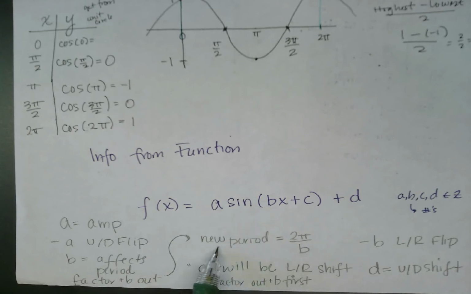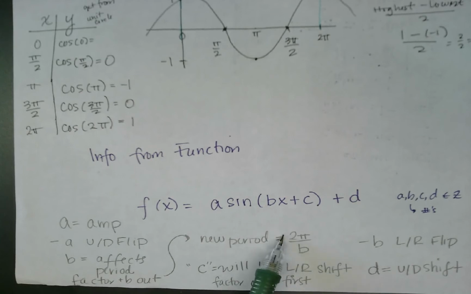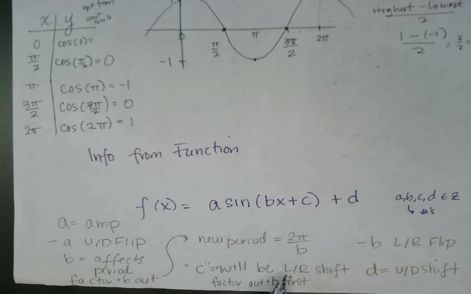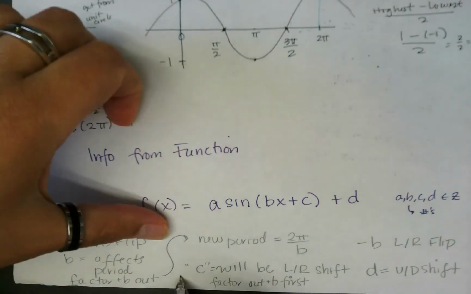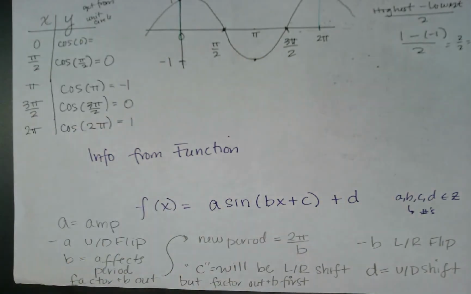Then the new period equals 2 pi, the old period, over the B. Your C will be your left-right shift, but you have to factor out a positive B first, so you leave the negative on the inside. If your B happens to be negative, that just means you have a left-right flip. And D is your up-down shift.